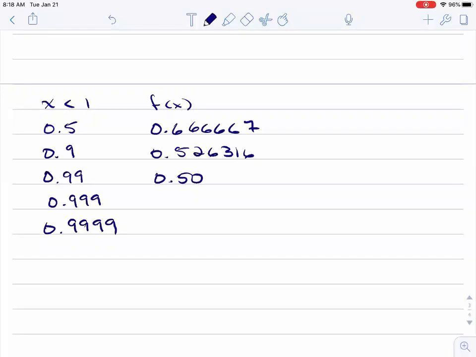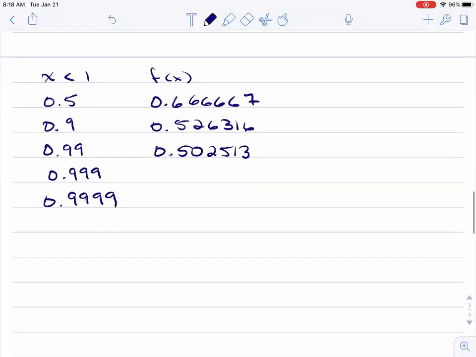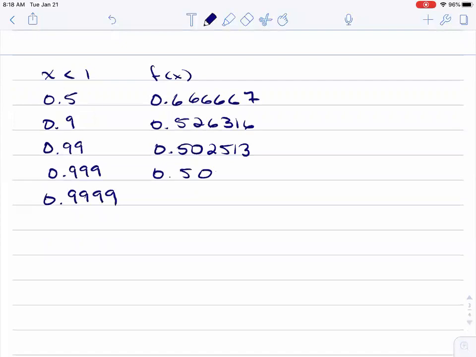Then 0.502513, 0.500250, and then 0.500025. So as we get closer and closer to 1, but not 1, it looks like it's going to get close to 0.5, because it looks like we're going to increase the number of zeros between the 5 and the 25.